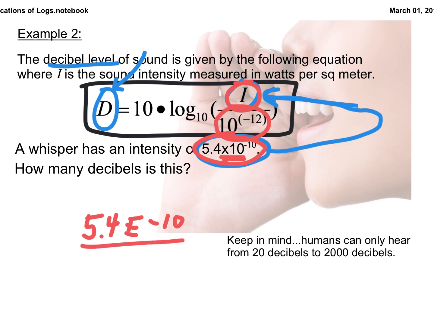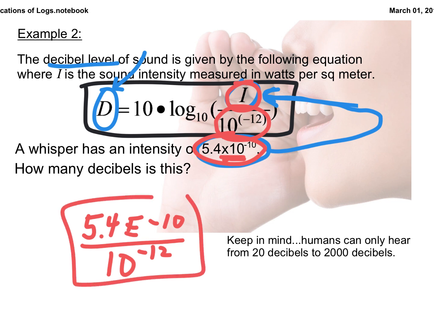Then I'm dividing by 10 to the negative 12th. And when I did that, I got 540. Anybody else get 540? Cool.